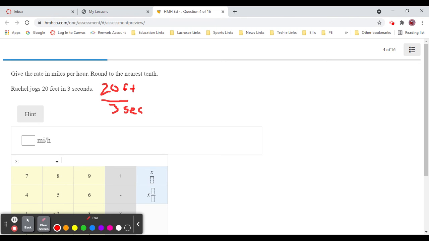So I'm going to go 20 divided by 3. 20 divided by 3. So 6.67 feet, 1 second. Okay, and now I got to go through that whole thing again.